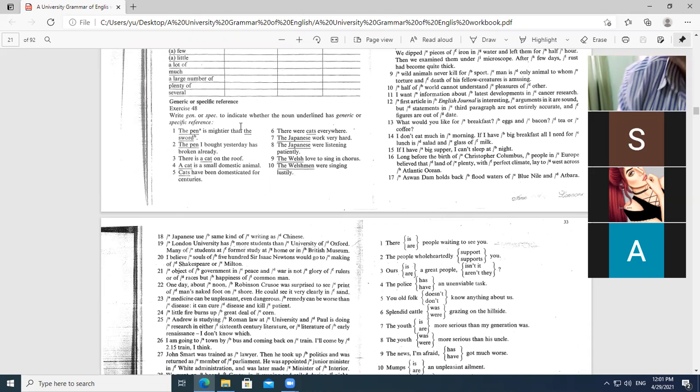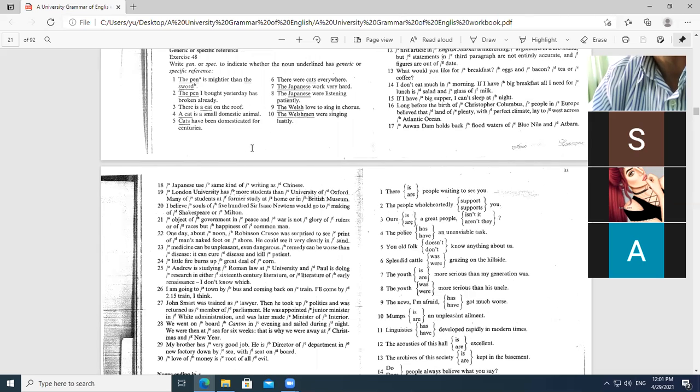The pen is mightier than the sword. The pen is generic and the sword is generic. Yes. Next. The pen I bought yesterday has broken already. Specific, known as which pen: the pen I bought yesterday.